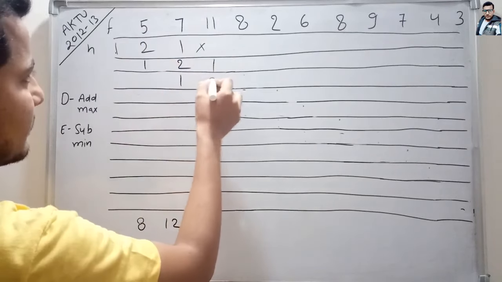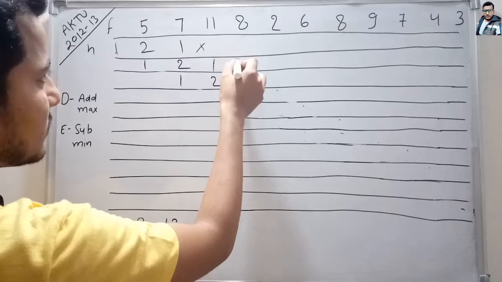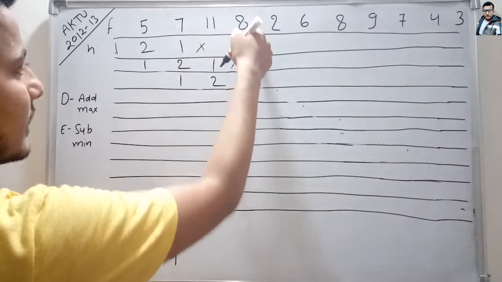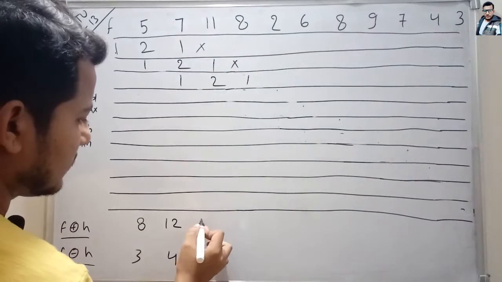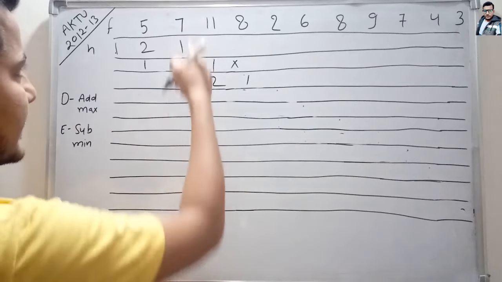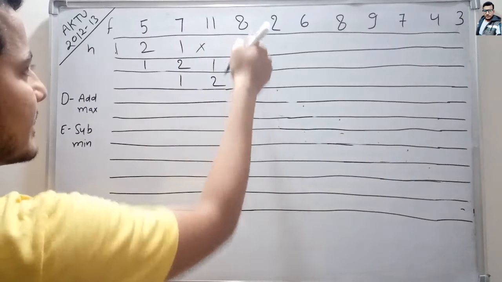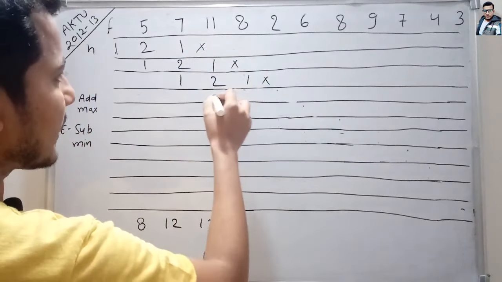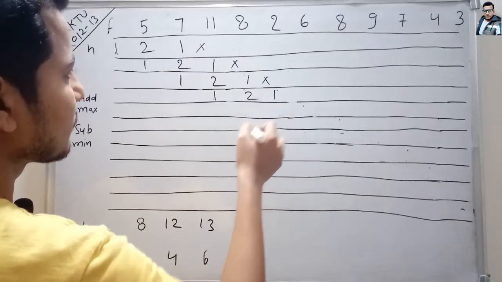Now again we shift. Here 8, 13 and 9, so the maximum is 13, and when we subtract, 6, 9 and 7, so the minimum is 6. Again we shift by 1.